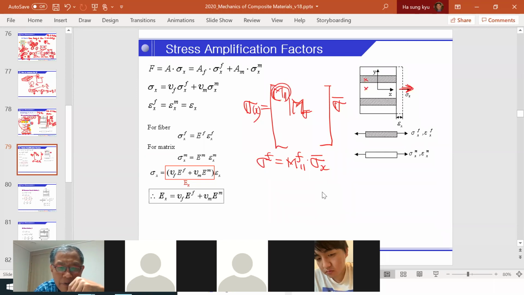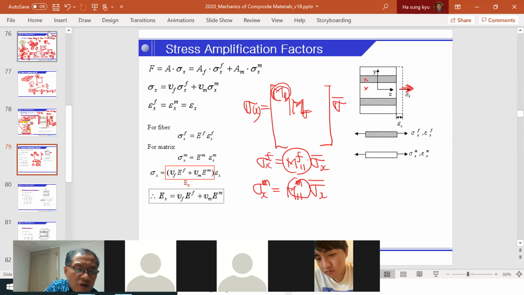This is the first of the six components. Now, if we have sigma bar and a matrix, say we'd like to calculate how much stress we have in the resin in the x direction, there will be a stress amplification factor like that. So I'd like to cover how to calculate the stress amplification factors in each direction.